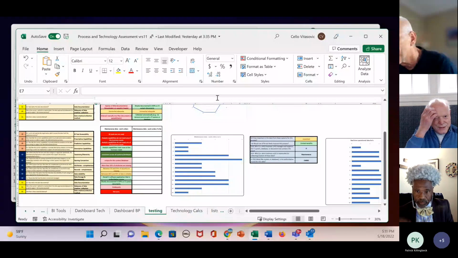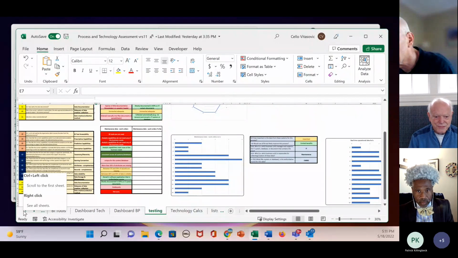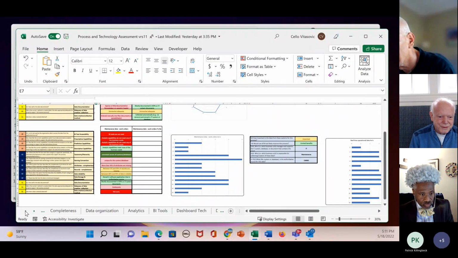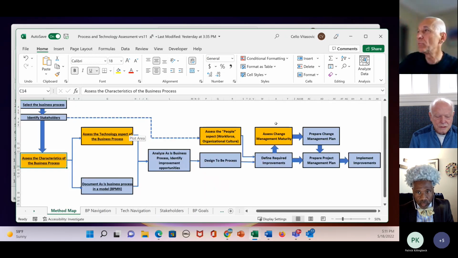And if you'd like to get more background, let me just quickly go back to this. Give me just one second. This is the business process and technology one. Can you see my cursor?